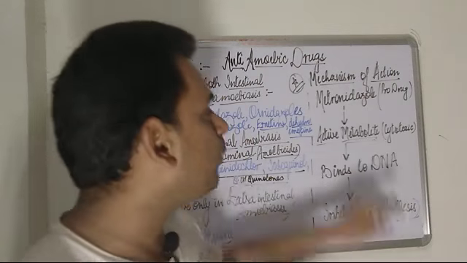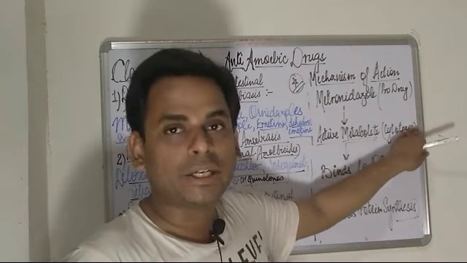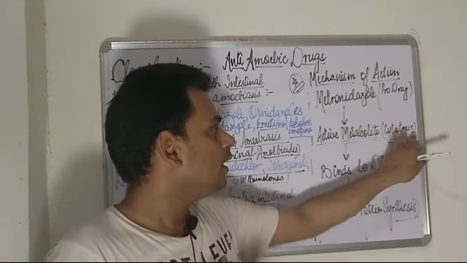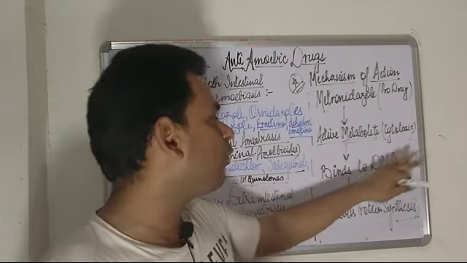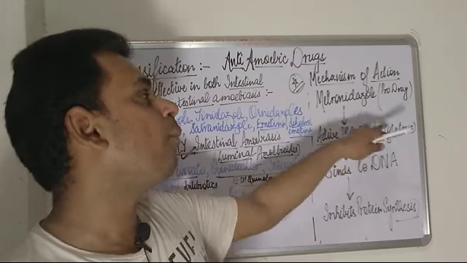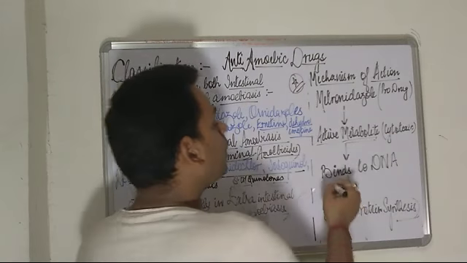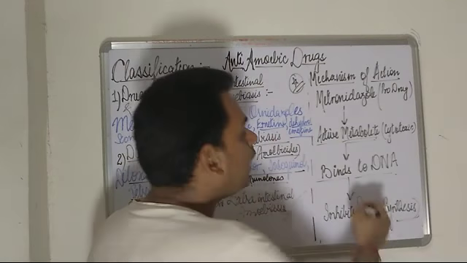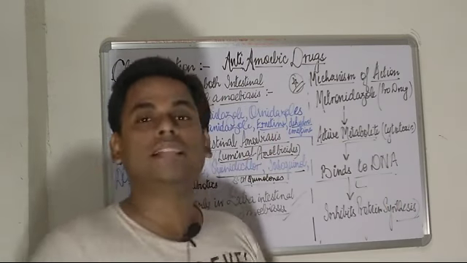This active metabolite is cytotoxic in nature. This cytotoxic form of the active metabolite binds to the DNA, and finally that leads to the inhibition of protein synthesis.